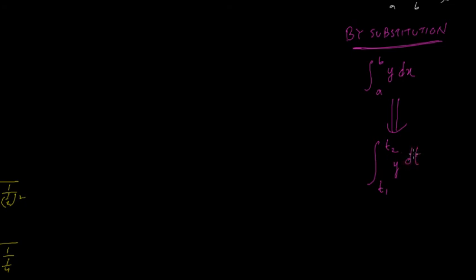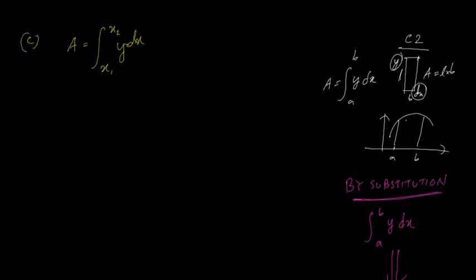So the idea is converting the Cartesian integration into the parametric integration. For this sum, we already have the values of t for the limits, so we don't have to worry about them. We know t equals half and t equals 2, so the limit will be from half to 2.